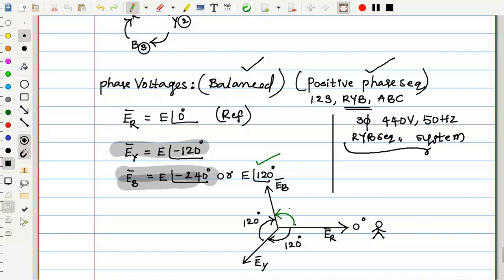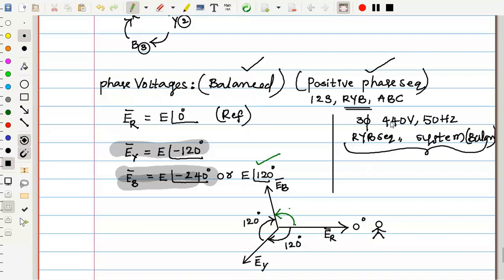Then based on this I could produce the three phase voltages like this. They didn't say anything about balanced. If nothing is specified about balance, it is understood that it is a balanced system. If it is unbalanced, they will specify. If it is balanced, they may or may not specify.